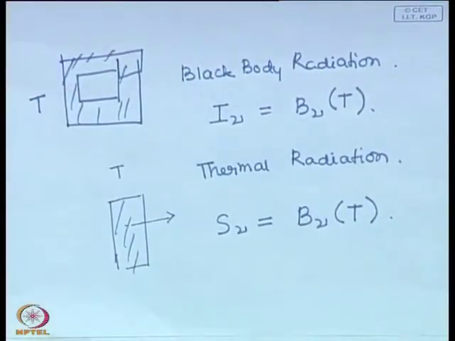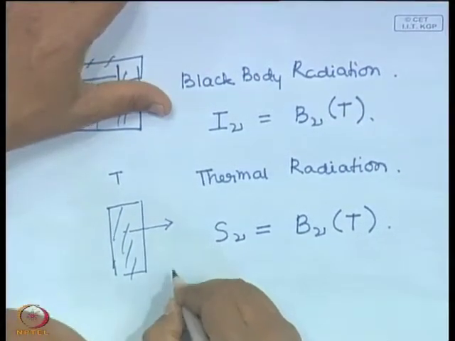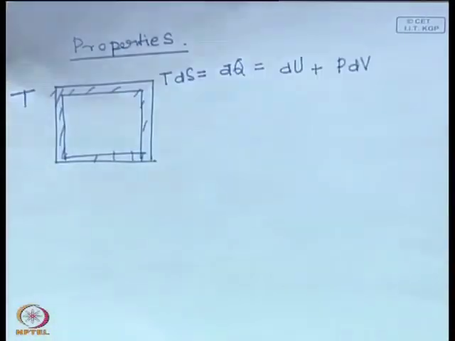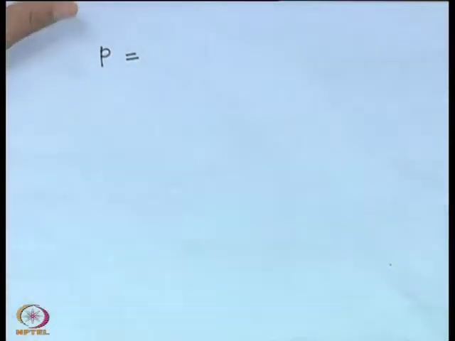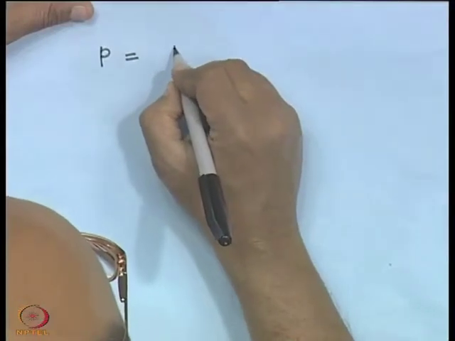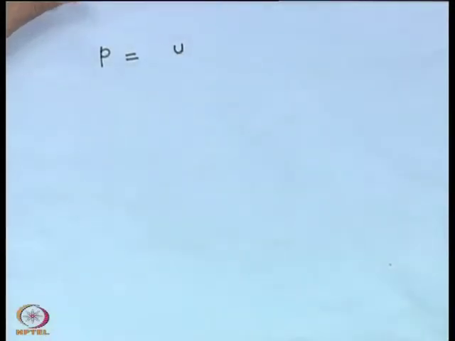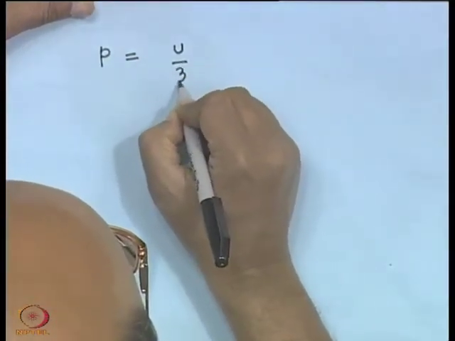For any radiation we saw that the pressure is equal to the internal energy density of the radiation divided by 3.